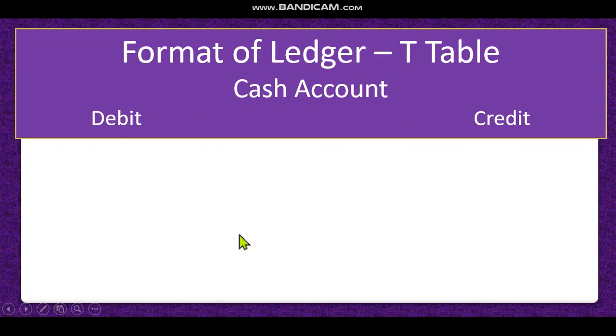Dear student, now the format of ledger in T-table format. You know that for doing ledger, we can do it in two formats. Number one, T-table format, which is known as the traditional format. On the other hand, we can prepare it in modern format also. Later on, I'll show you.